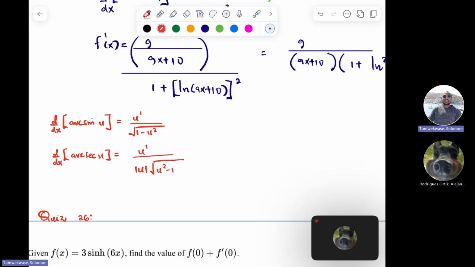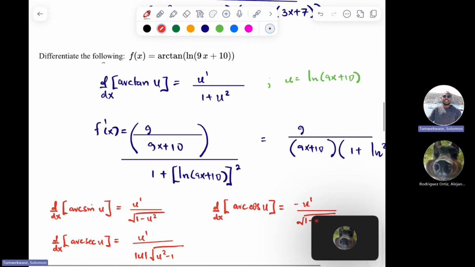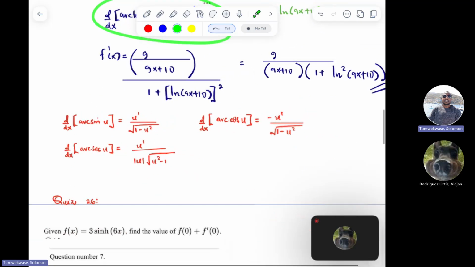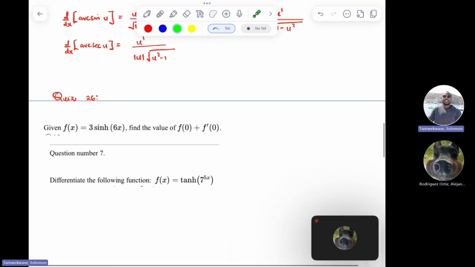And the arccotangent, d dx of arccosine of u is negative u prime over the square root of 1 minus u squared. And I wrote the one for arctangent right here. Just in case you come back to look at this.